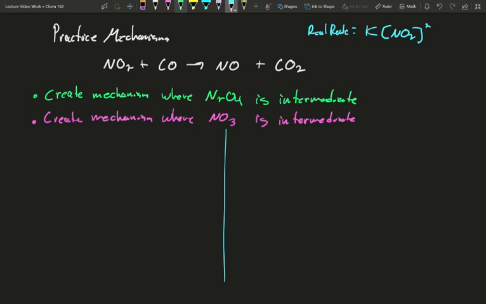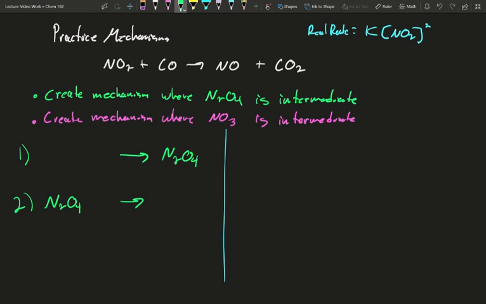All right, if you're back, well, let's play these two. I want to make N2O4 as an intermediate. So let's just have one step where N2O4 is an intermediate, and I'm going to have a second step where that's going to get used up. Well, how do I make N2O4?